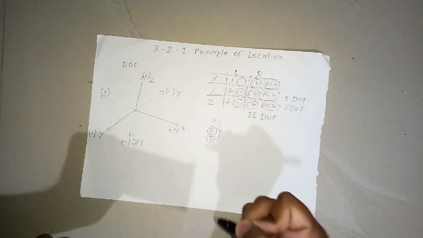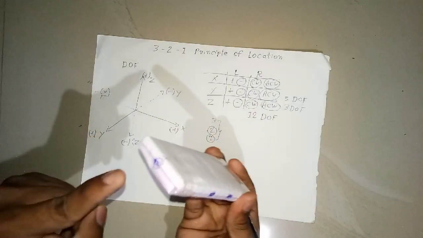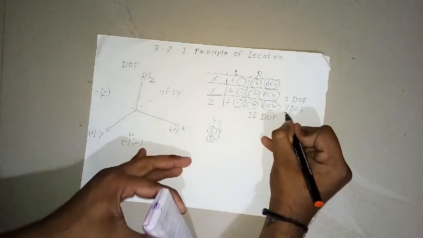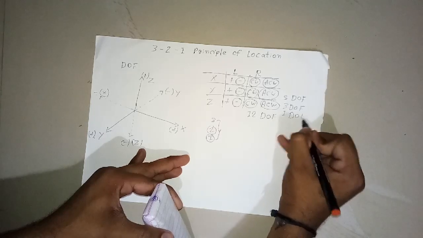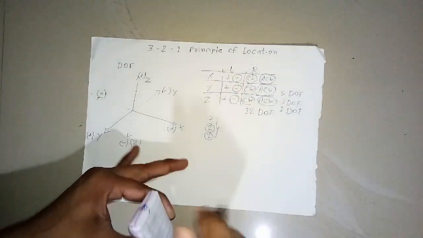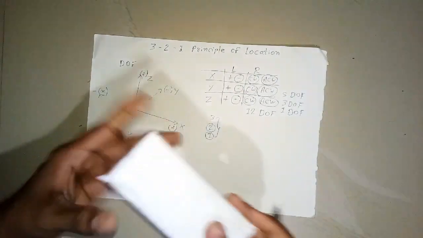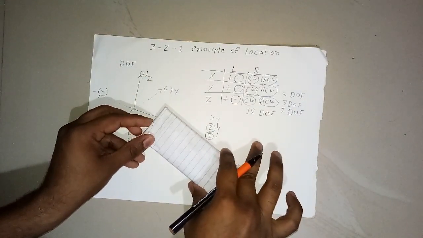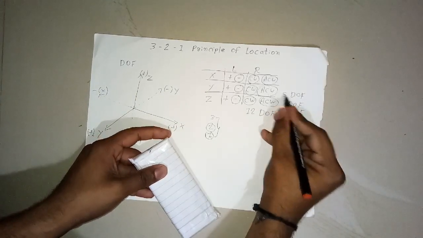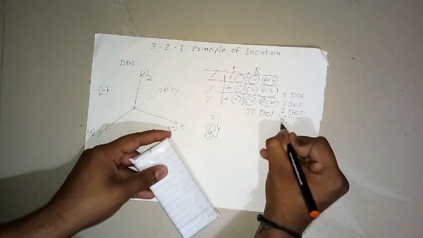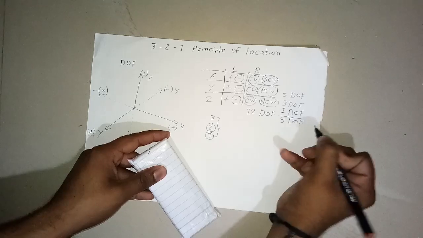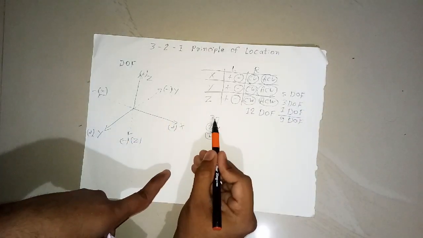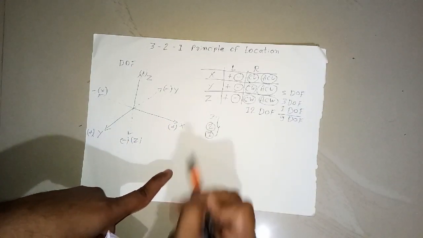So this one pin restricts 1 degree of freedom, or one motion. So your workpiece is fixed on your work table. And this 5 plus 3 plus 1, 9 degrees of freedom are restricted by using 3-2-1 pins.